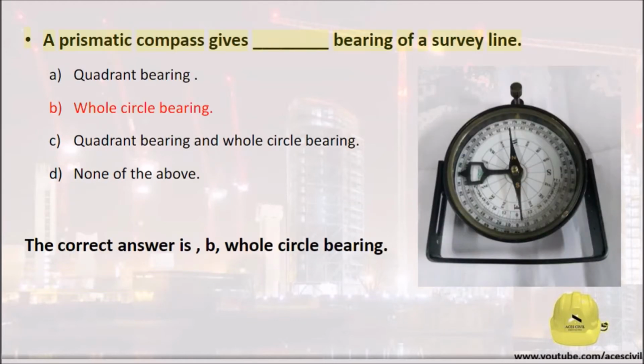A prismatic compass gives bearing of a survey line: A. Quadrant bearing, B. Whole circle bearing, C. Quadrant bearing and whole circle bearing, D. None of the above. The correct answer is B. Whole circle bearing.